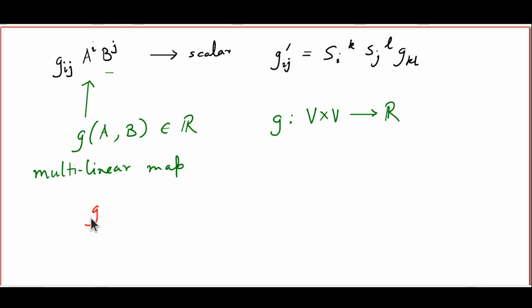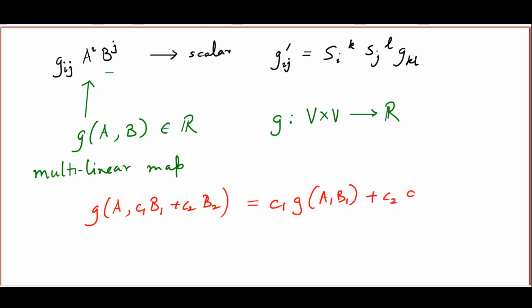It simply means this. If we keep one of the vectors fixed and replace the other one by a linear combination, where of course the notation should make it obvious that we are implying here that B1 and B2 are two vectors and C1, C2 are just two numbers, then the result will simply be C1 G of A, B1 plus C2 G of A, B2.